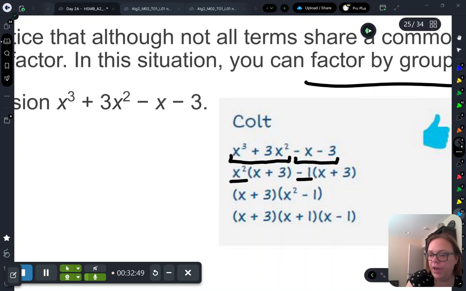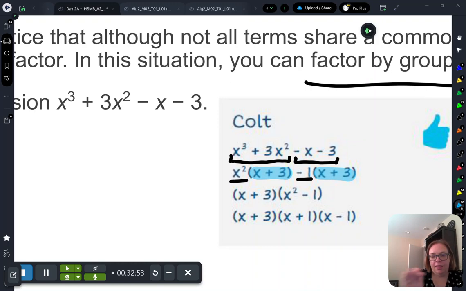That's really important. If you don't get that common thing, the rest of it doesn't work. So notice what happened. Then it became x plus 3 out in the front. And this x squared minus 1 came from here. So let me explain that.